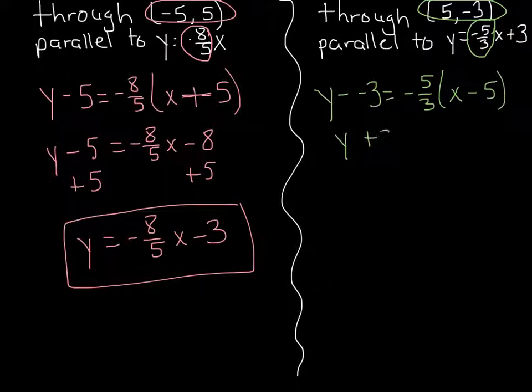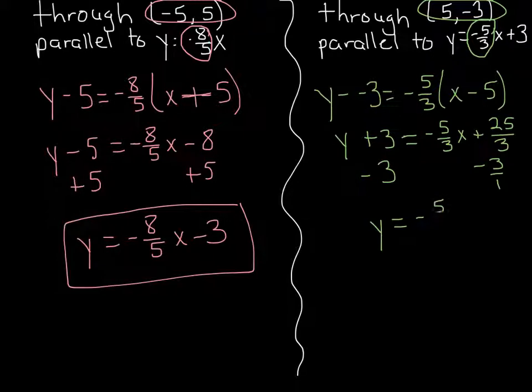So y plus 3 equals negative 5 over 3x plus 25 over 3. And we subtract 3, or 3 over 1. So y equals negative 5/3 x, and let's add these fractions. 25 over 3 minus 9 over 3, that would equal 16 over 3.